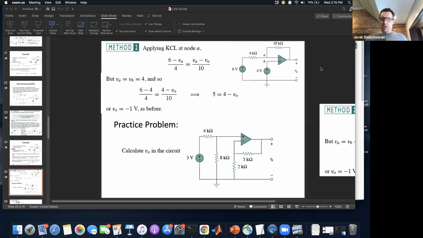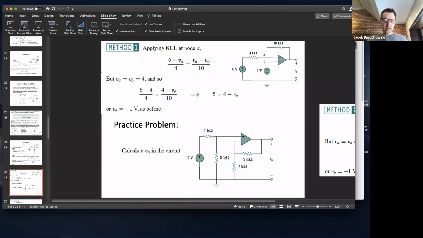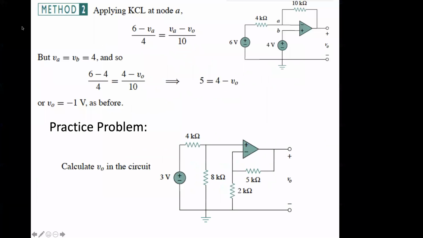A non-inverting amplifier has a gain of 1 plus 10/4 in this case, so 3.5, but that is not the case here. So basically, if there's two inputs, it's not going to be an inverter and it's not going to be a non-inverter. Those definitions apply strictly to the case where there's a single input. All right, let's do the next practice problem.